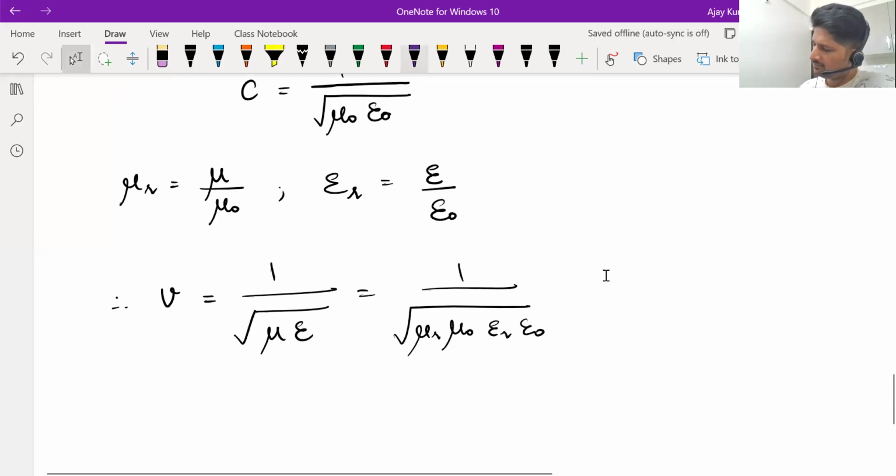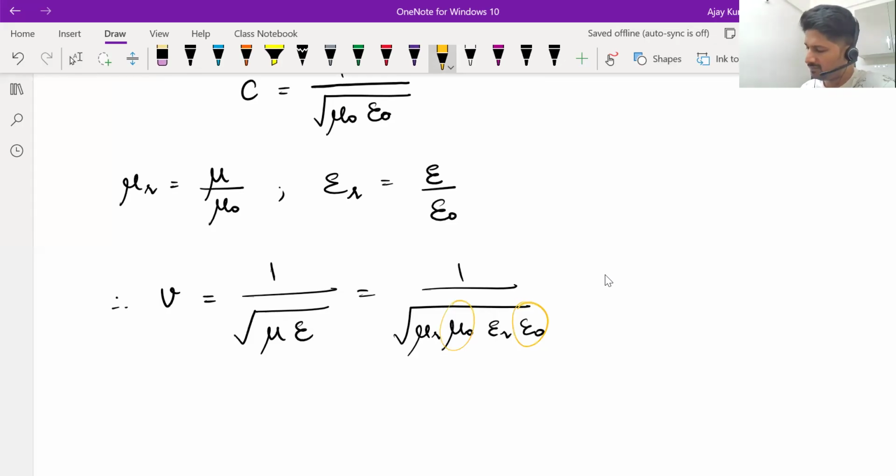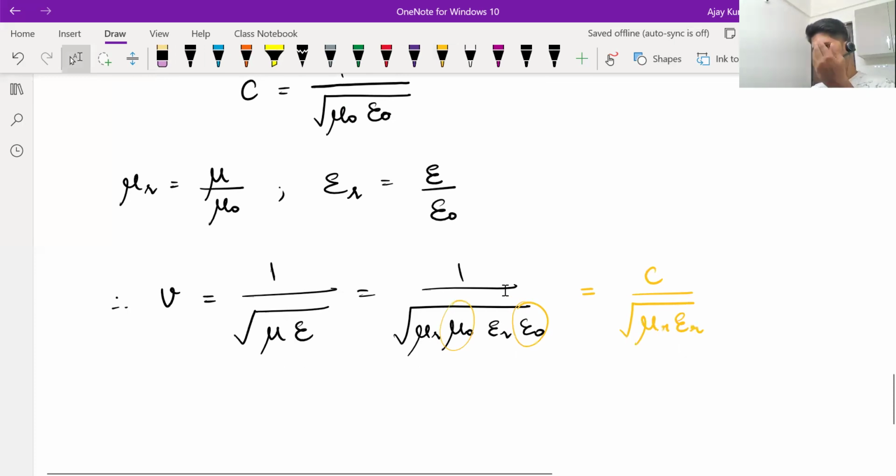And from this, if you remove 1 by under root mu naught epsilon naught, that becomes C. So you can write it as C divided by under root mu r epsilon r. So if you know relative permittivity and relative permeability, you can tell what is the speed of electromagnetic wave in that medium. Mostly they'll ask questions about vacuum only. In case it's some other medium, remember, if medium changes, speed changes.